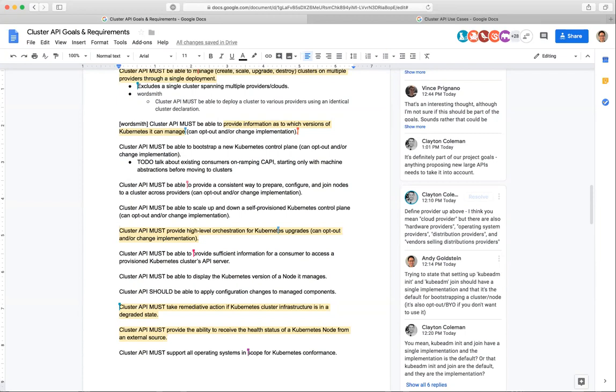We've explicitly said non-goal. We said if it's non-Cluster API deployed, then it's a non-goal of Cluster API to manage that. But just before we were talking about provisioning the control plane. So Pablo, do you mean Cluster API provisioning and managing managed Kubernetes services like GKE?